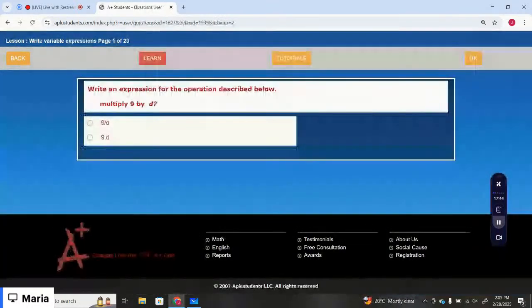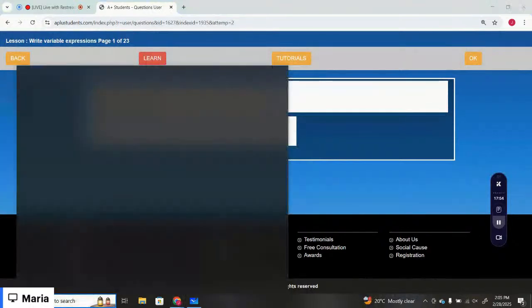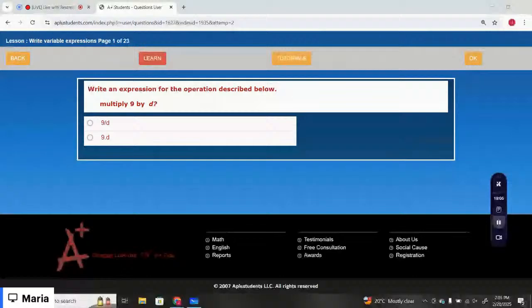Write an expression for the operation described below. Multiply 9 by d. Multiply 9 by d, that is 9 times d. That means 9 and d are multiplying. So you have to do 9 times d.